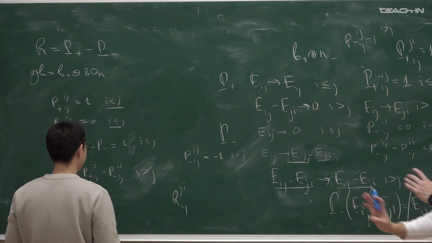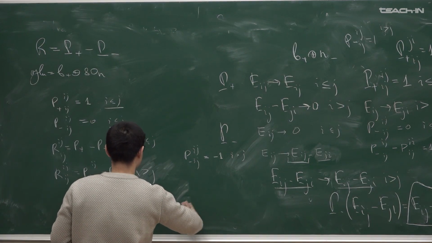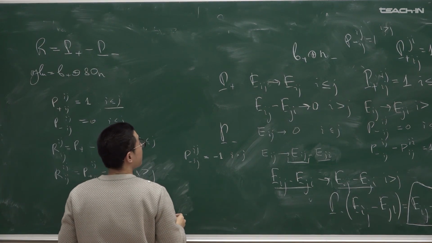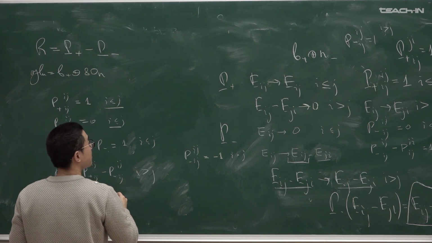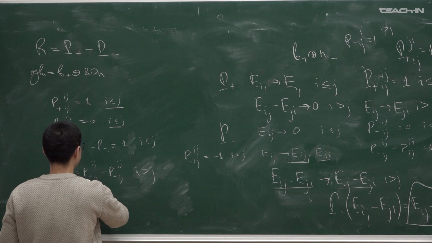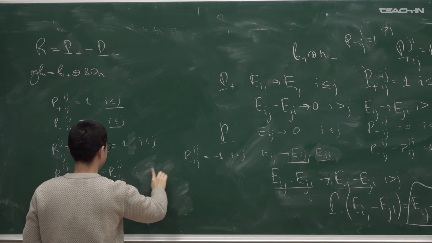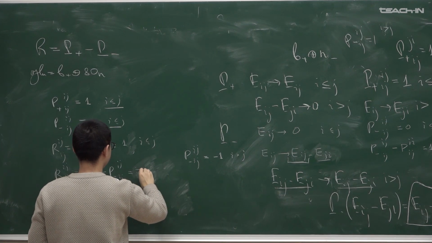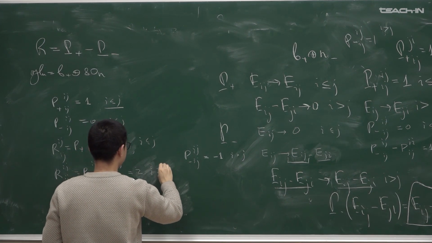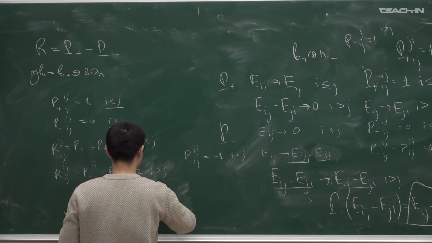These are different elements of the matrix. So this is 1 and this is minus 1. So it equals 2 for i greater than j. And another case.